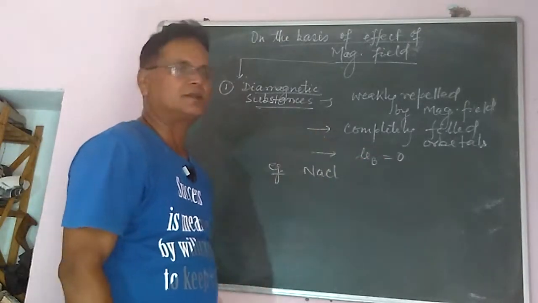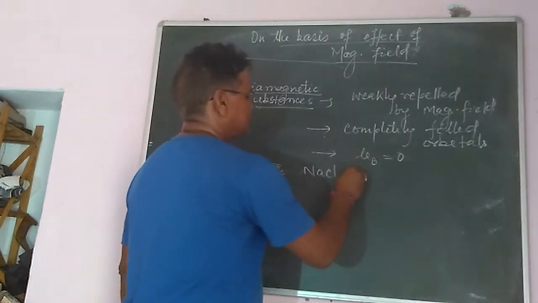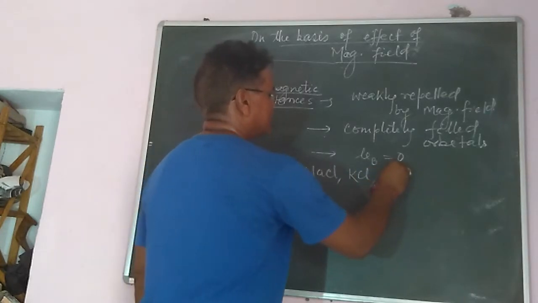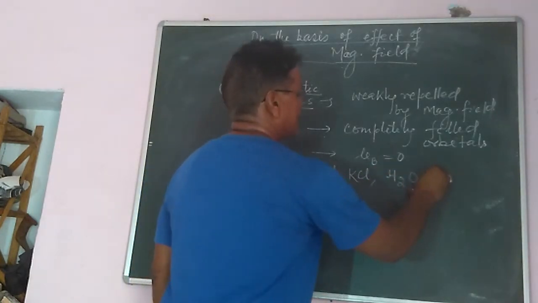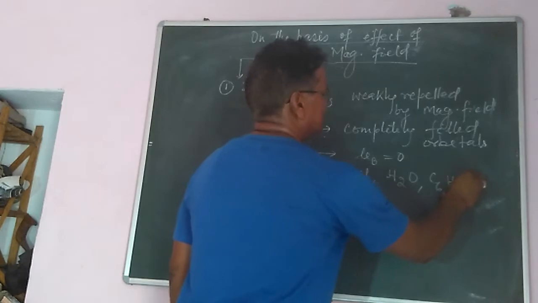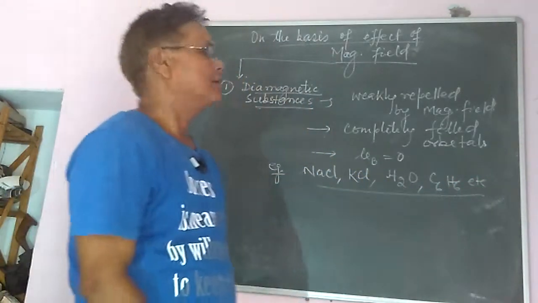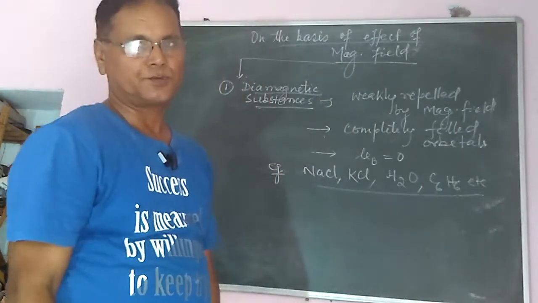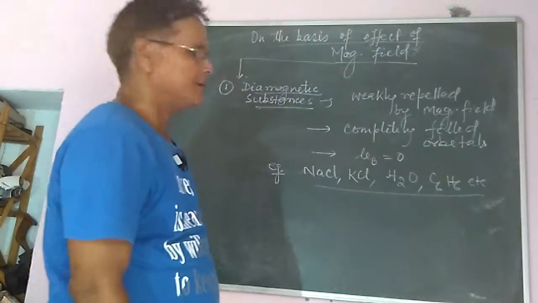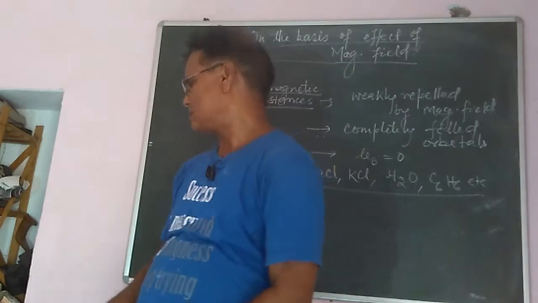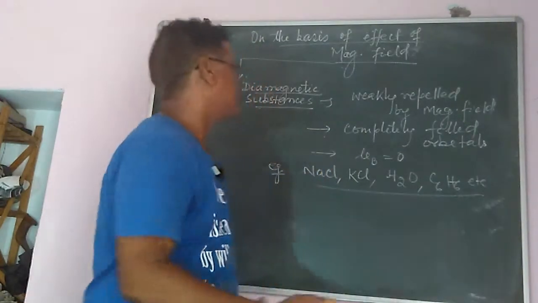Its magnetic moment becomes 0. Potassium chloride, water, benzene, etc. are diamagnetic substances.